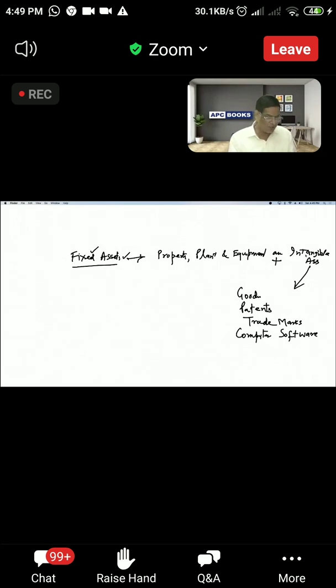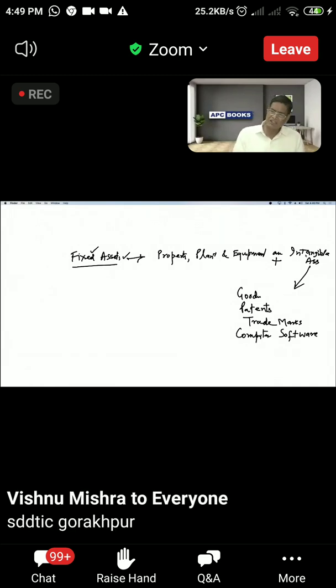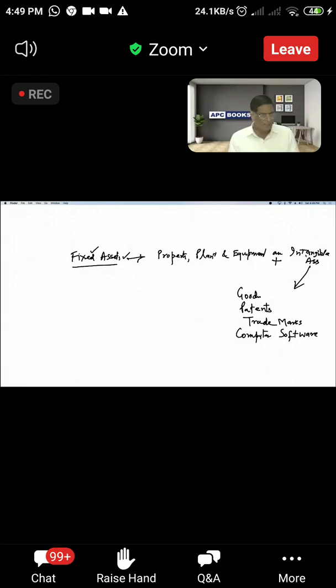For calculating the fixed assets turnover ratio, let us come to illustration number 5. I presume that you have already read this illustration. Calculate the fixed assets turnover ratio from the following information: plant and machinery, accumulated depreciation, intangible assets.